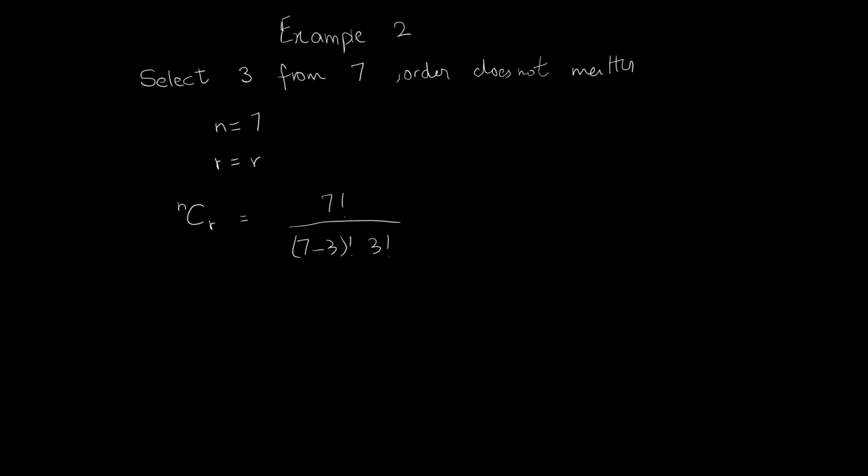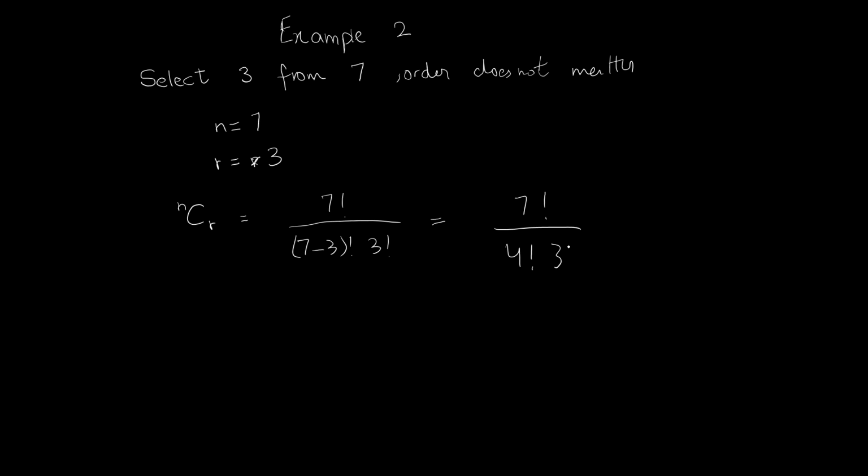Now I'll try to make it fast. For example, just write down 7, 4, 3, because 7 minus 3 would be 4. So just write 4 directly.